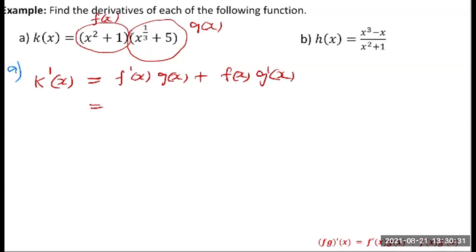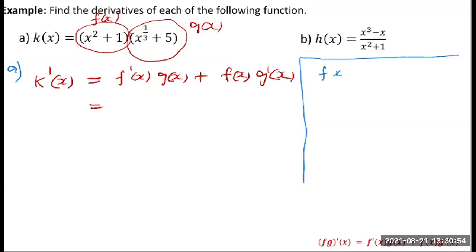What is f prime of x? How do you find f prime of x? Here is your f of x. You take the derivative of this function. This is a sum of two functions, the derivative of this one plus the derivative of this one. Maybe I will show you the work here since this is one of the first couple of examples.